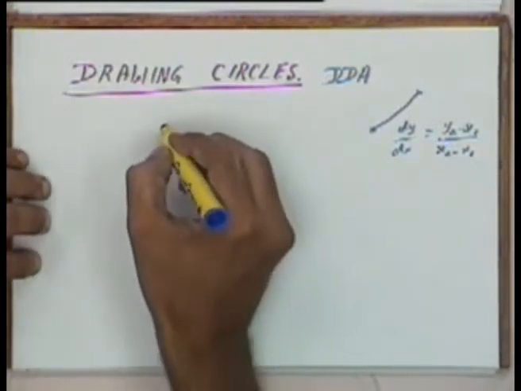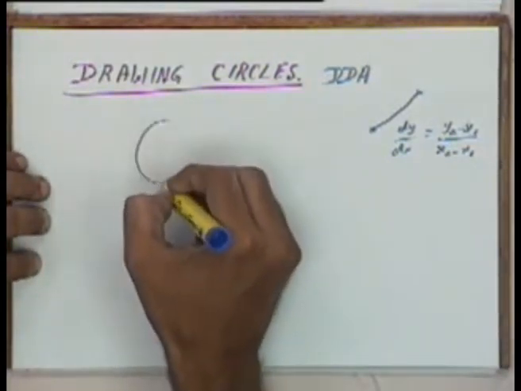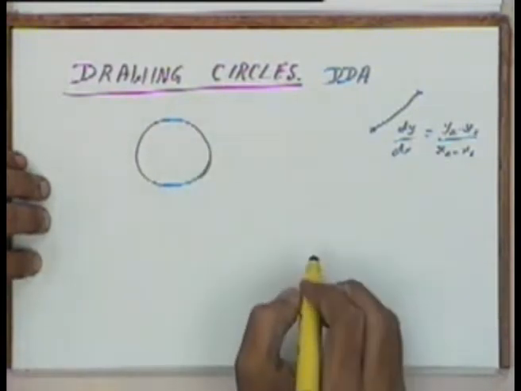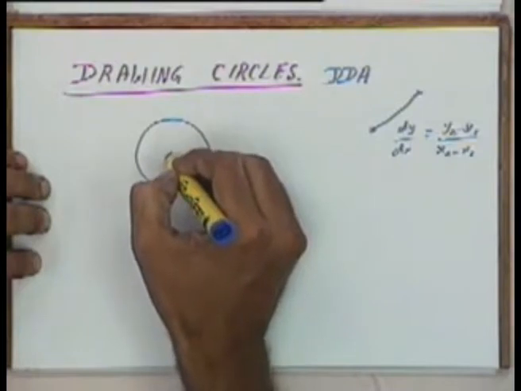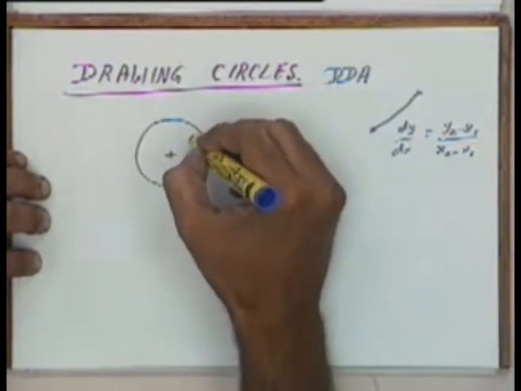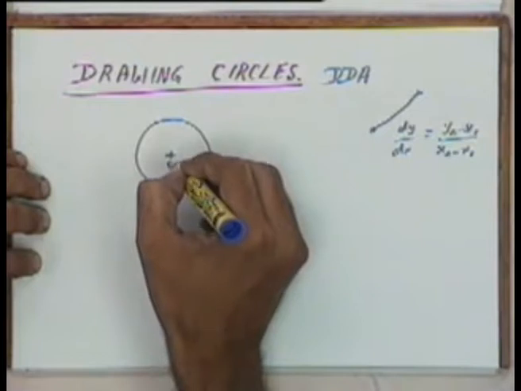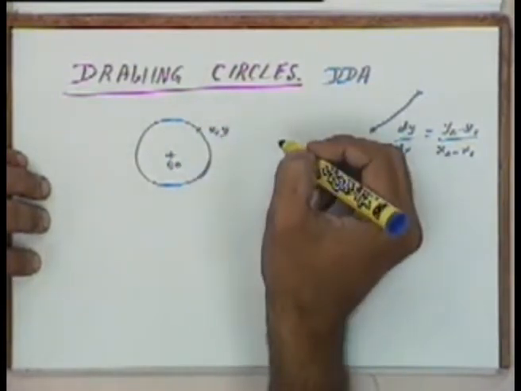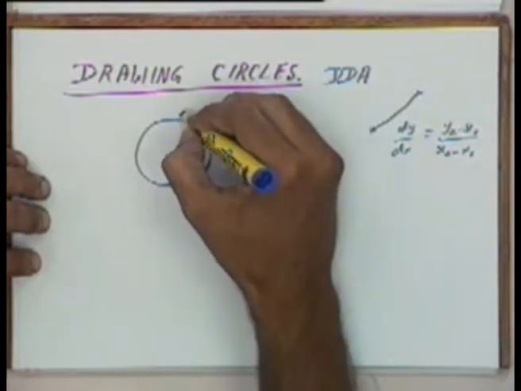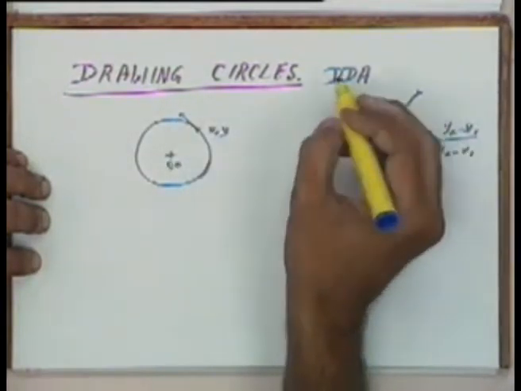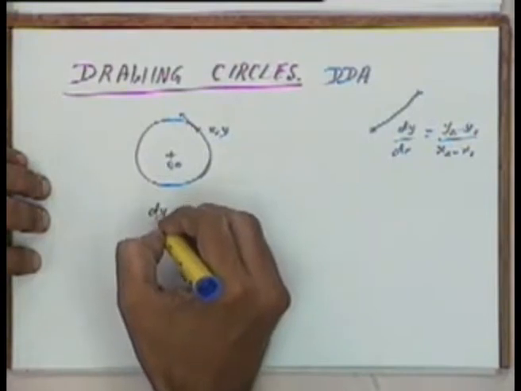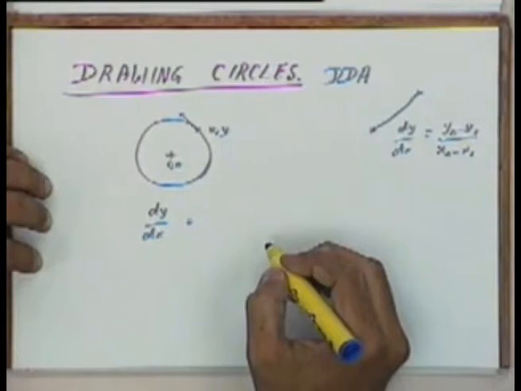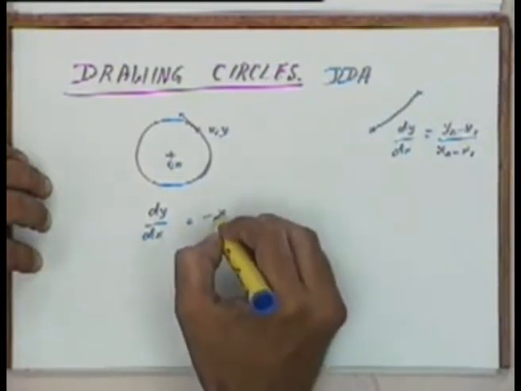If we have to draw a circle, then let us say this is the origin, which is 0 0. At any point x y, what is the slope? For a circle, how much is dy by dx? It will be minus x by y.